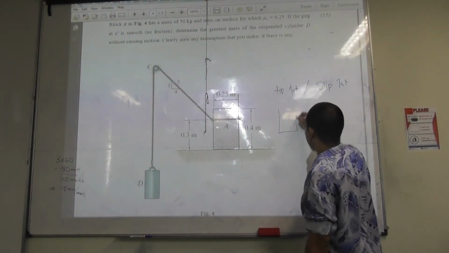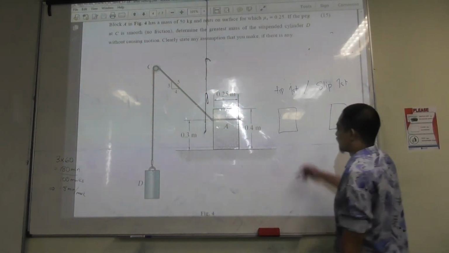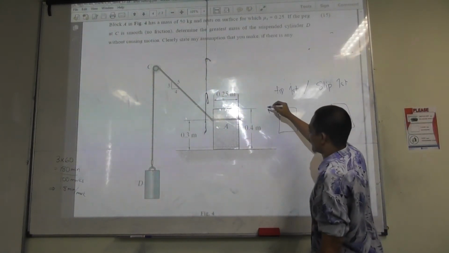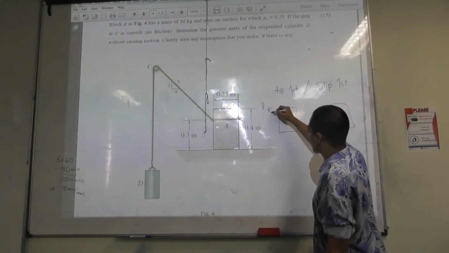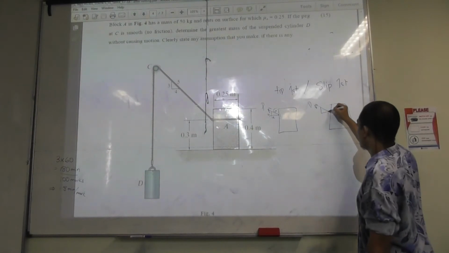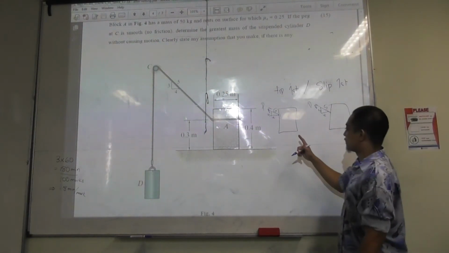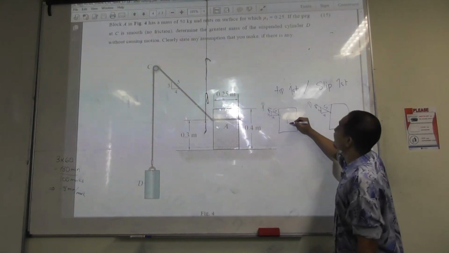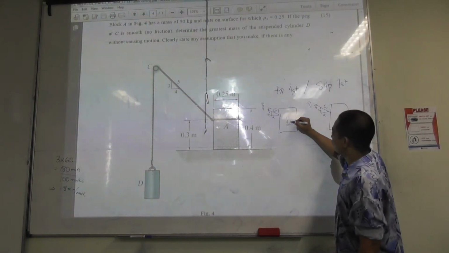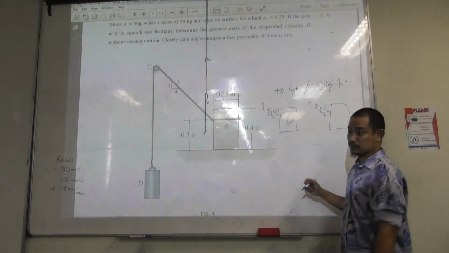So again, is there any problem here? This is exactly just okay. The only difference is this one, right? Okay, tip first. Weight is what? 9.81 times 50, right? If tip first, N is where?